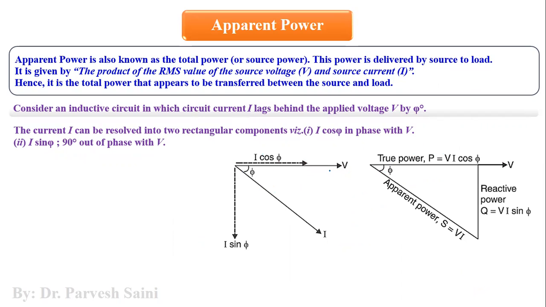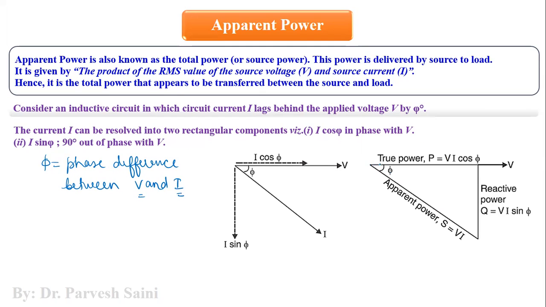Now, if you draw it in the form of a triangle, where phi, remember please, is the phase difference between V and I. Remember this thing.